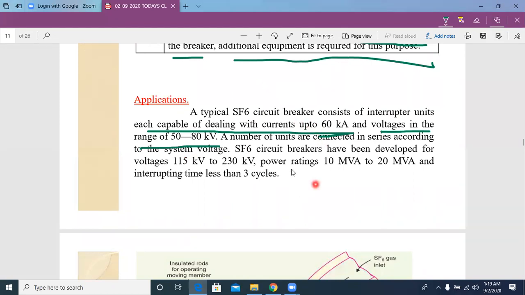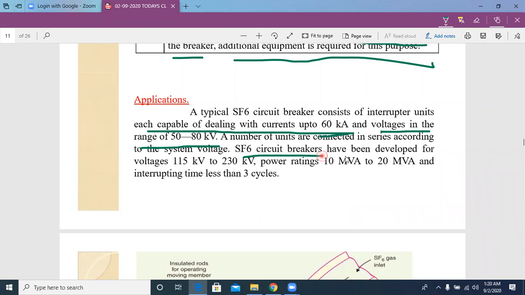We need to arrange a number of units according to our fault current level, and we place those units in series according to our requirement.